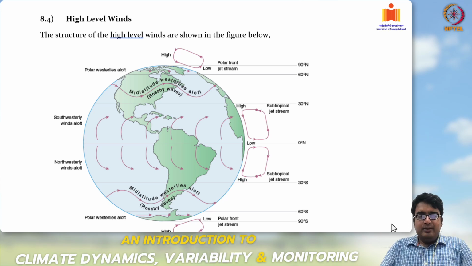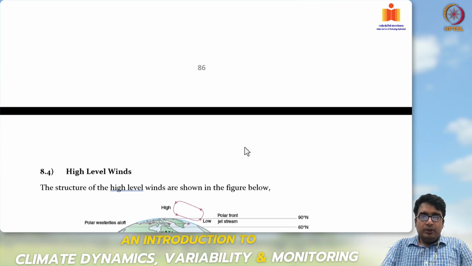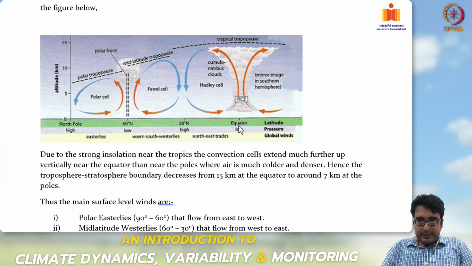As we said in the previous class, both the low level and the high level winds are connected to the three major circulation cells that exist on our planet. Between the equator and 30° north, we have the Hadley cell, where we have an upward moving stream from the equatorial low pressure belt to the top of the tropics.